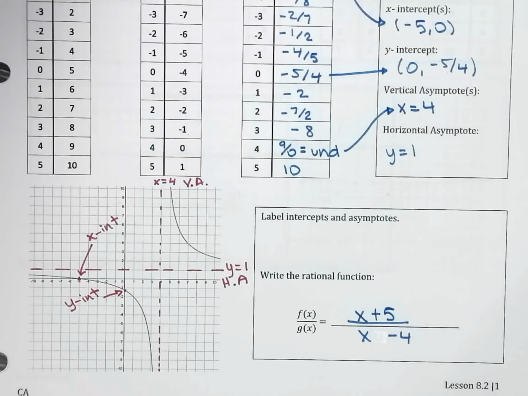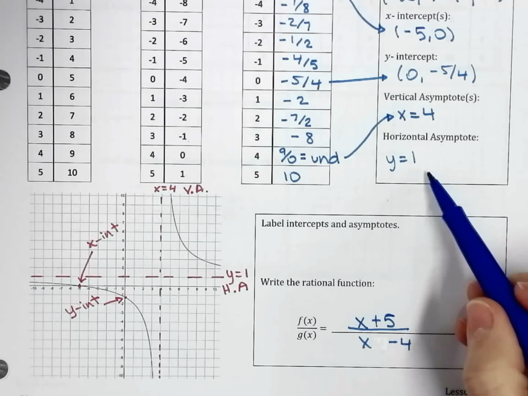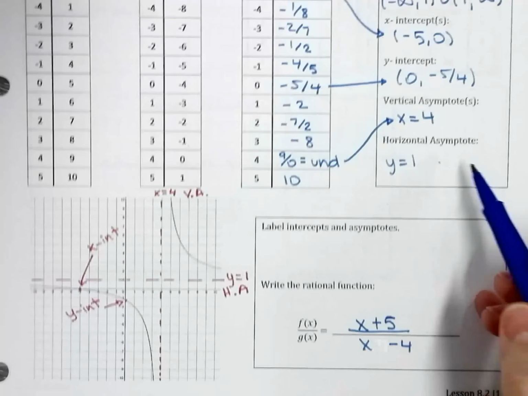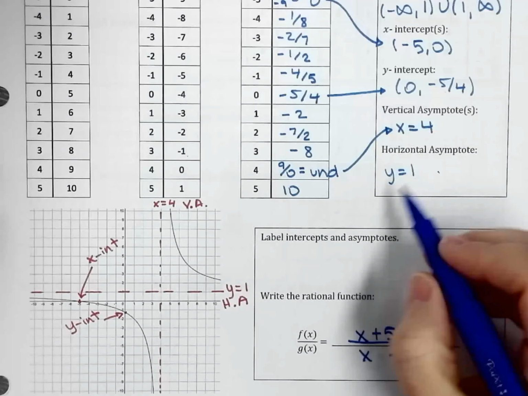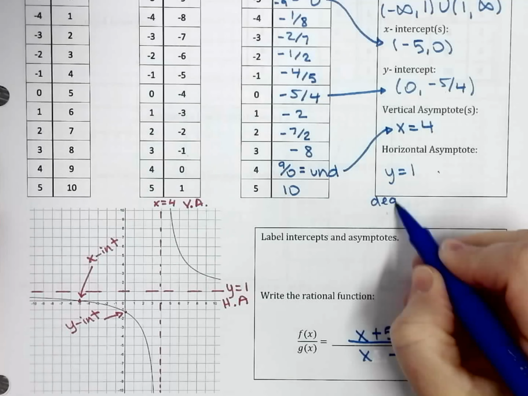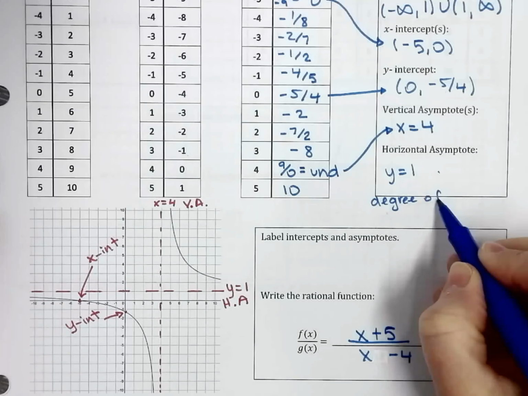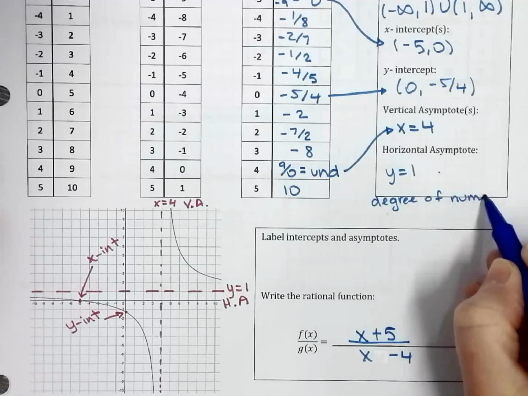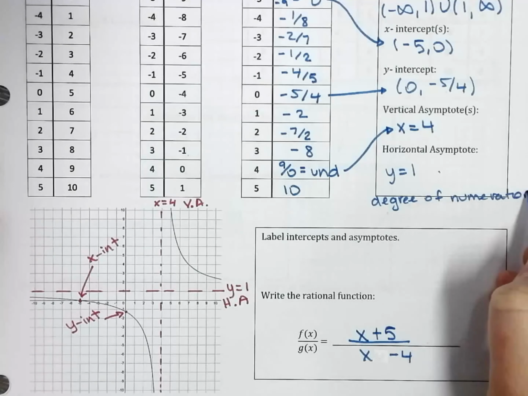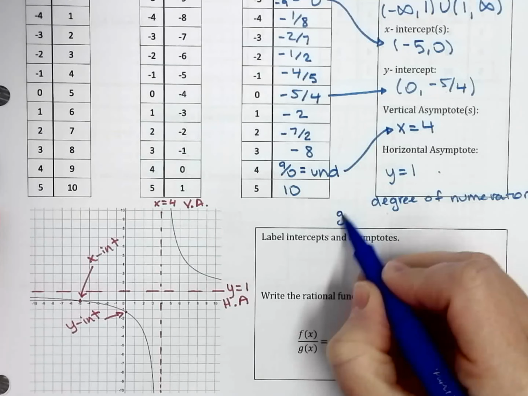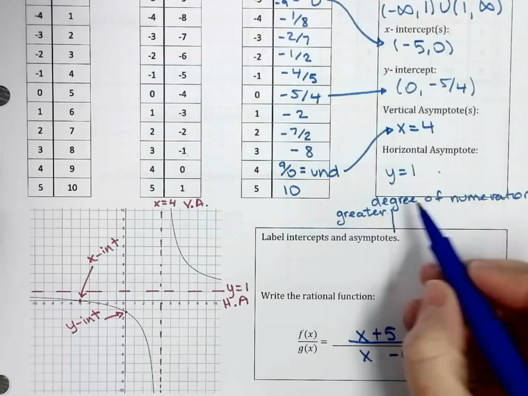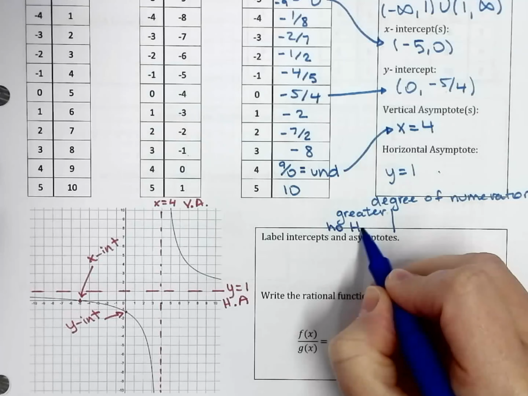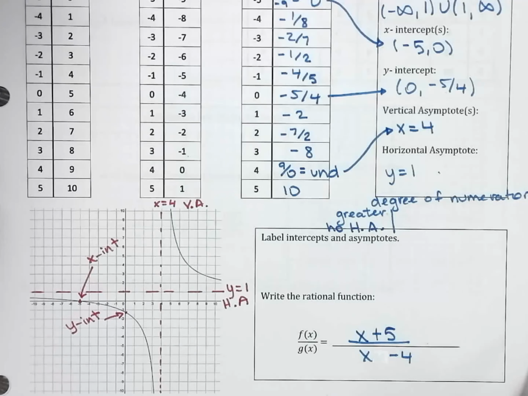Okay. Let me tell you a little trick right here, because sometimes the horizontal asymptote is not that easy to figure out. But you can find out by comparing the degree of the denominator and numerator. So now, if the degree of the numerator is greater than the denominator, there's no horizontal asymptote.